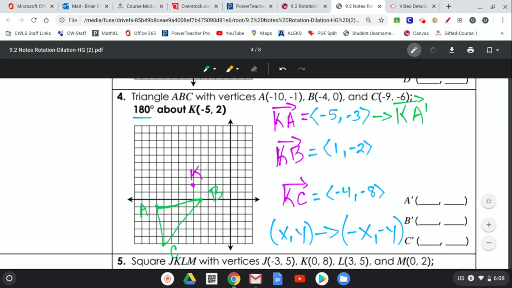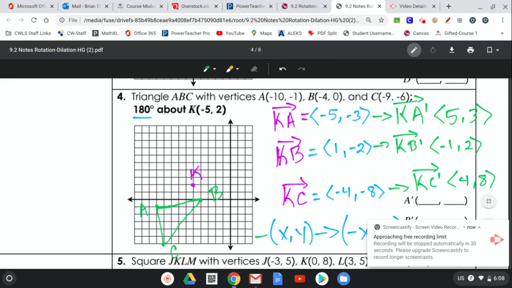That vector is going to be 5, 3. When we move to k b prime, that is going to be -1, 2. And then when we move to KC prime, that is going to be 4, 8. So just change the sign, use this rule down here.